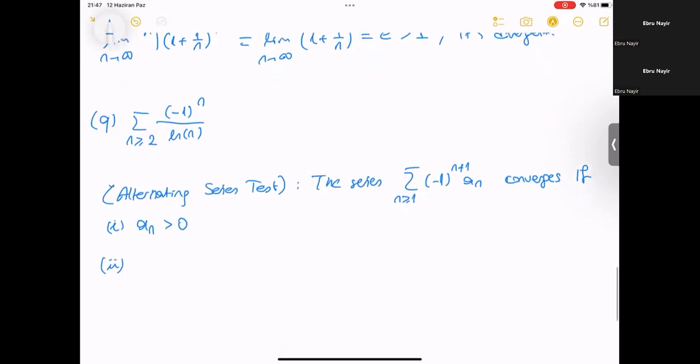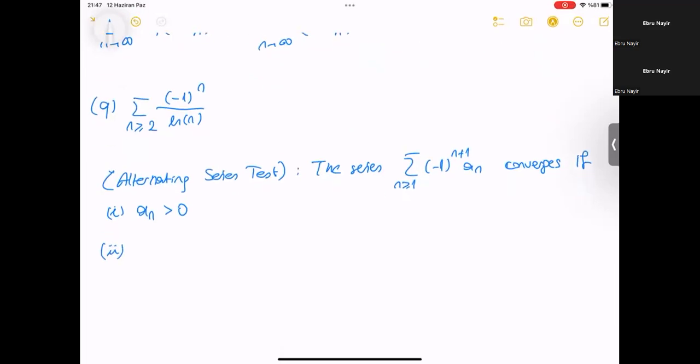The second condition is that a sub n is non-increasing for all n greater than some uppercase N. What does that mean?